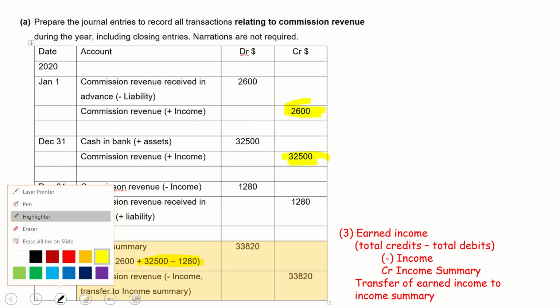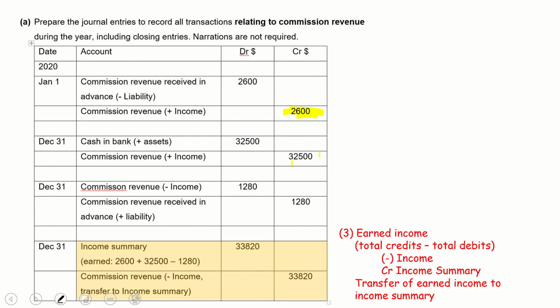Okay, total credits, which is over here. And then you minus away your total debits, which is this amount. Total credits minus total debits. And that would be the amount that you need to transfer to your income summary.